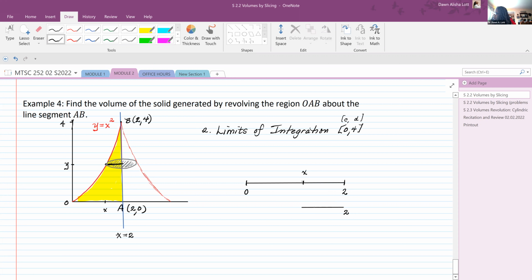How long is this little black piece? 2. Who said 2? Johnny or Ezekiel? I said 2. Which one of y'all? Johnny. Okay, Johnny. This whole thing is 2.